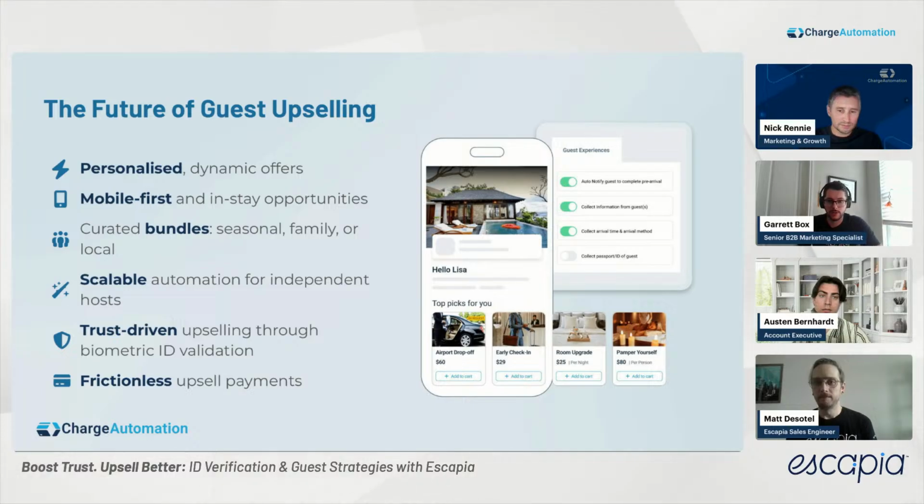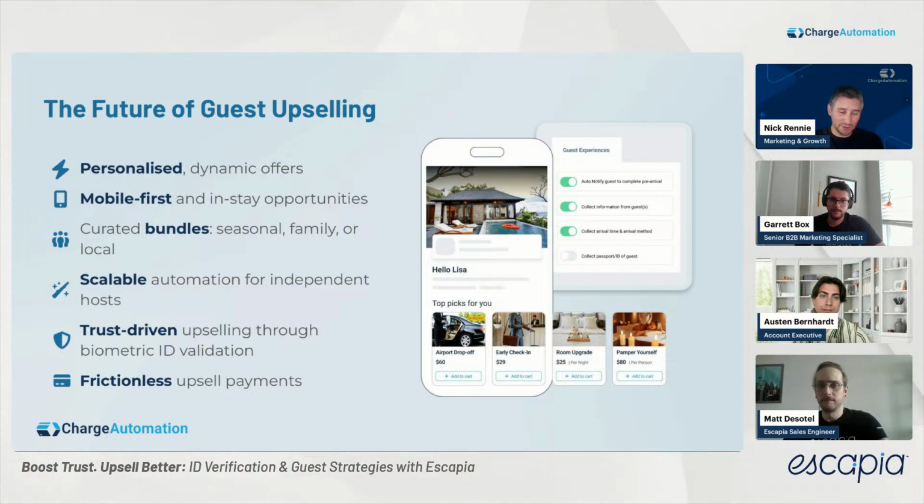Even just the latest, our guest guides, are a great way for you to send this information off and emphasize the upsells and provide some extra information on why ID verification is so important for your business, while adding some extra detail without having to spend all that time at your desk trying to automate it for 150 separate units at the same time. Right. So we're really glad that we have a partner like this in Charge Automation who keeps that idea in their heads as well. No, absolutely.